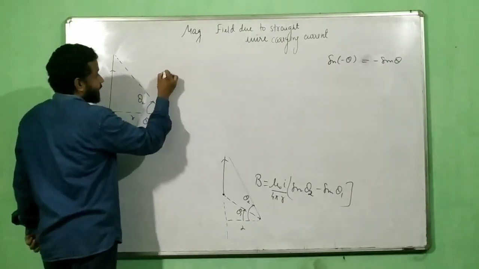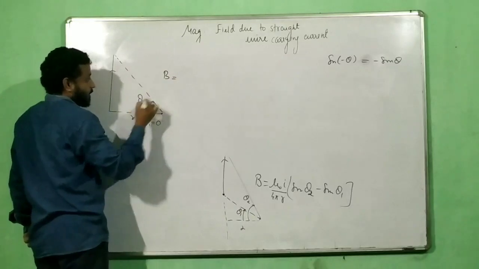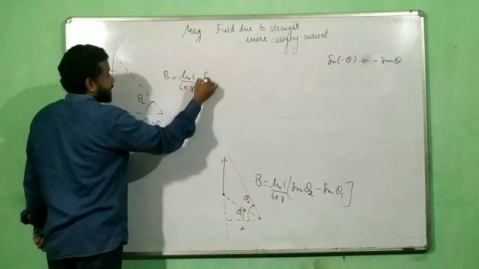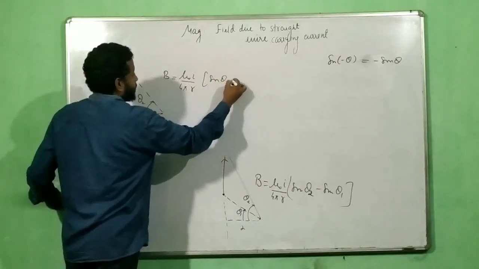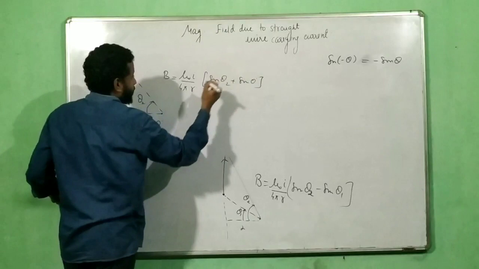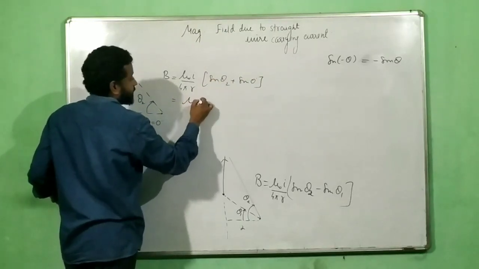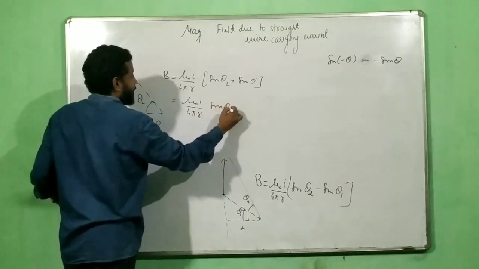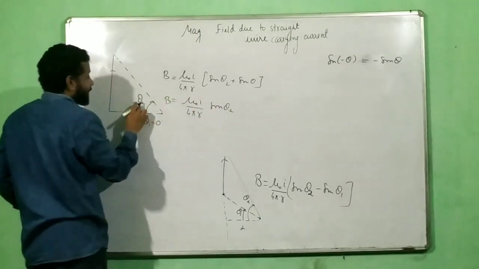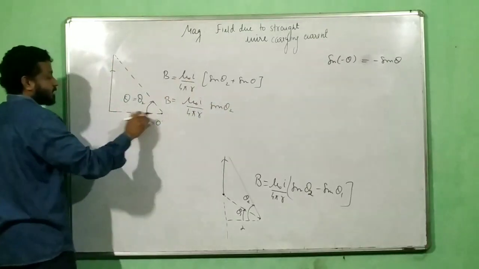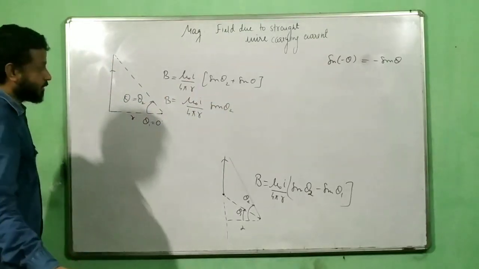So in this case your field will be equal to mu naught I by 4 pi r, then you have sine theta 2 plus sine 0, and sine 0 is 0, and this becomes your sine theta 2. So whatever this angle theta is, that theta will appear here, and this becomes 0.